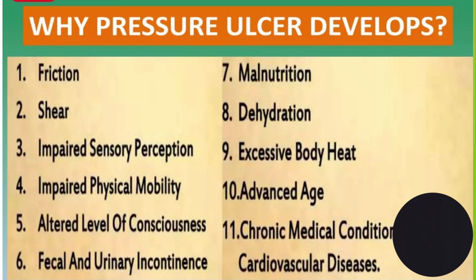Chronic medical conditions, like a patient with ventilatory support who cannot move from the bed because of lots of tubes and invasive and non-invasive monitoring. We cannot change the position of the person frequently, so this person is prone to develop a pressure injury.